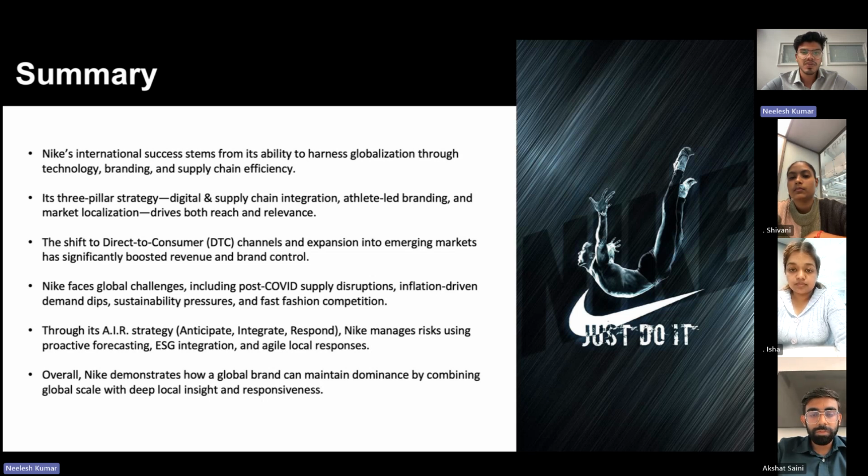But Nike also faces real challenges, including supply chain risks, ESG pressure, and intense competition. It tackles these through a tailored risk approach guided by the AIR strategy: anticipate, integrate, and respond. Overall, Nike's ability to balance global efficiency with local relevance is what makes it stand out as a leading multinational enterprise.